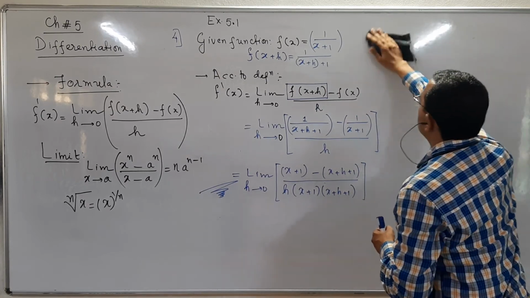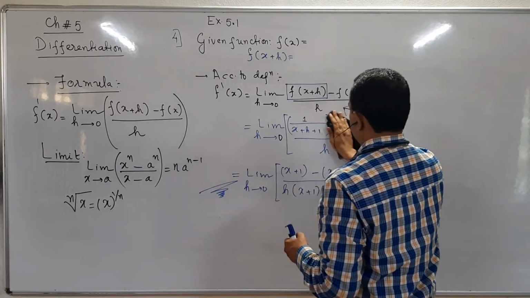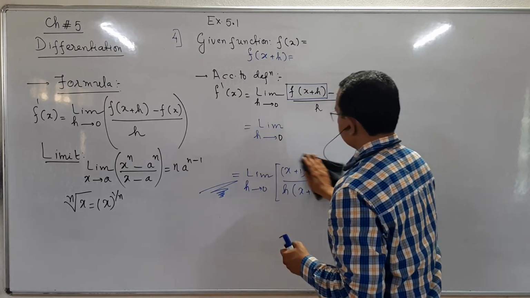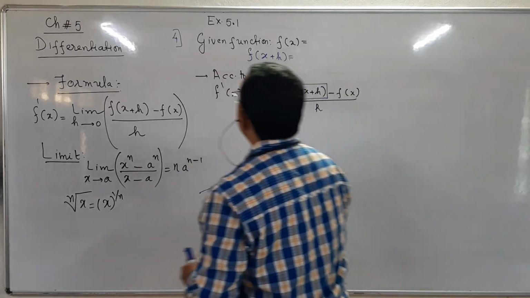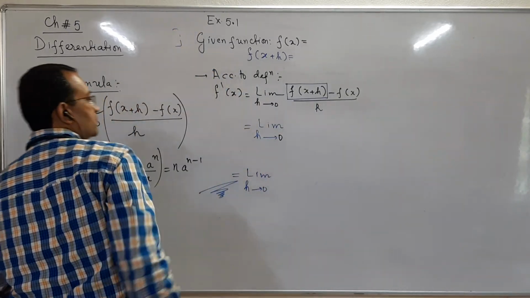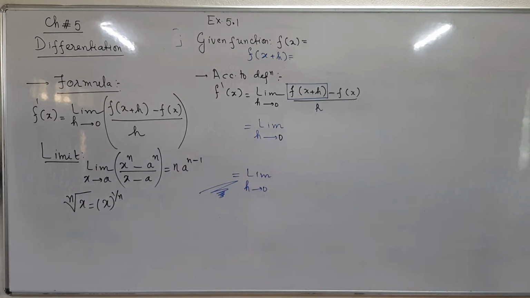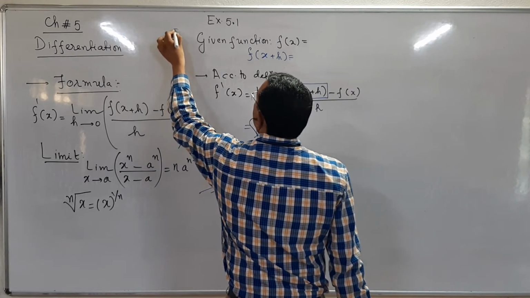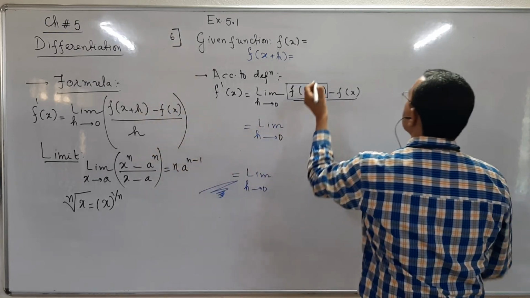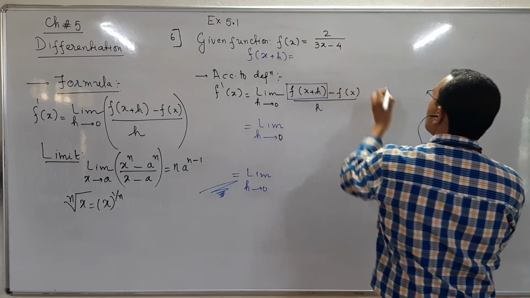Okay, now students, we are doing sum number 6. It is f of x is equal to 2 upon 3x minus 4.